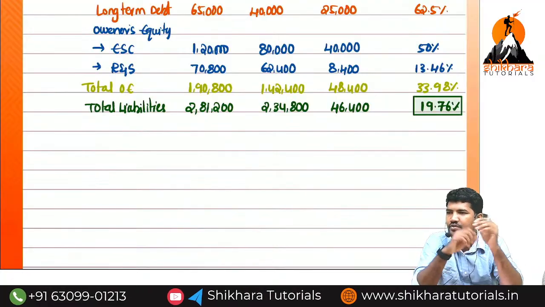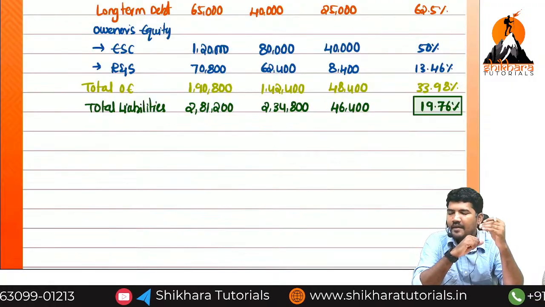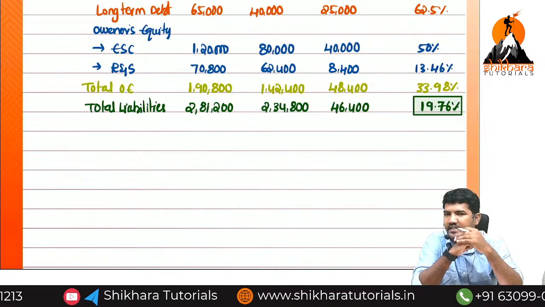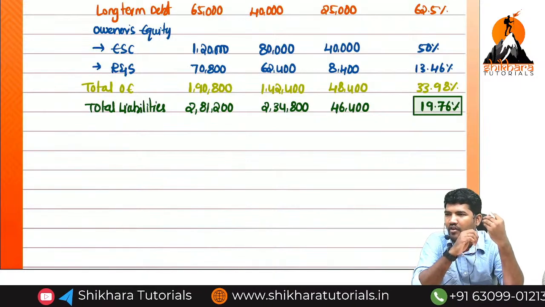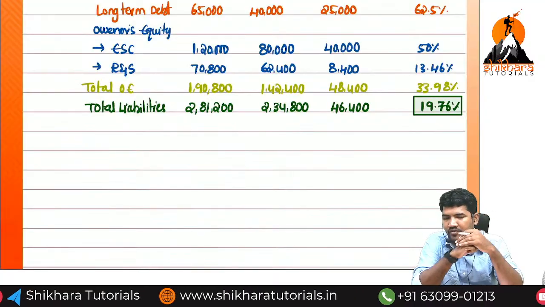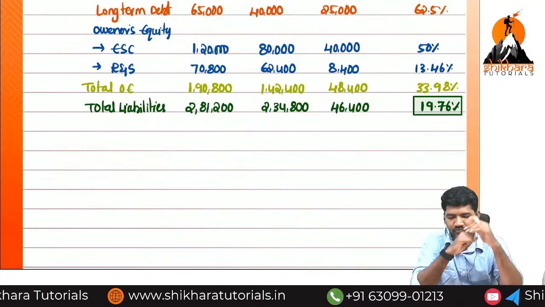But as per the balance sheet, both values are equal. Now liability is impacted by 19.76%, assets also impacted by 19.76%. You have to comment on that. Why are assets impacted 19.76%, liability 19.76%? Are you clear? Okay, done.